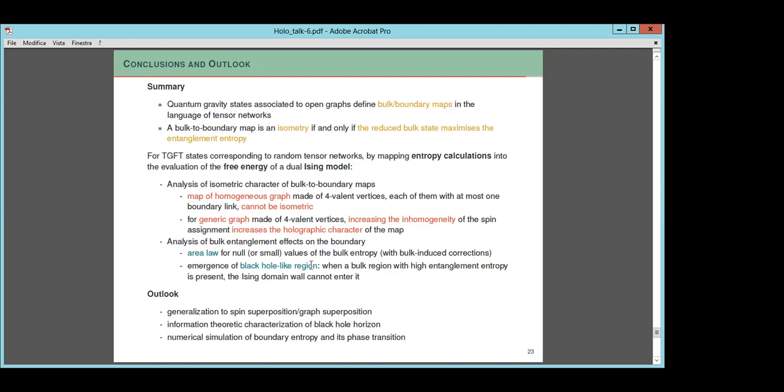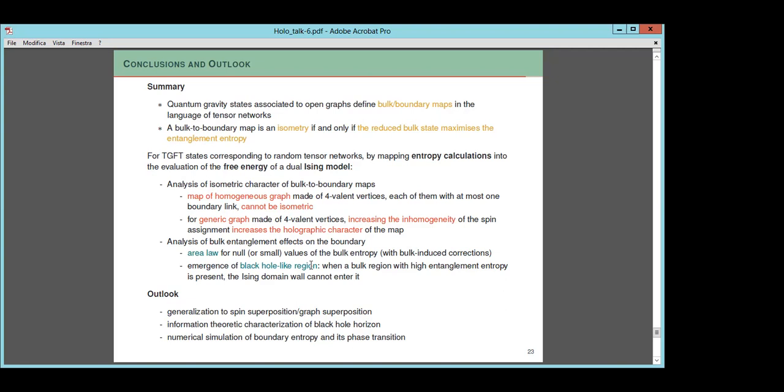But then we could exploit this technique to characterize a black hole horizon in information theoretic terms, so in terms of flow of information from a bulk to the boundary, once we have the complete picture of generic states.